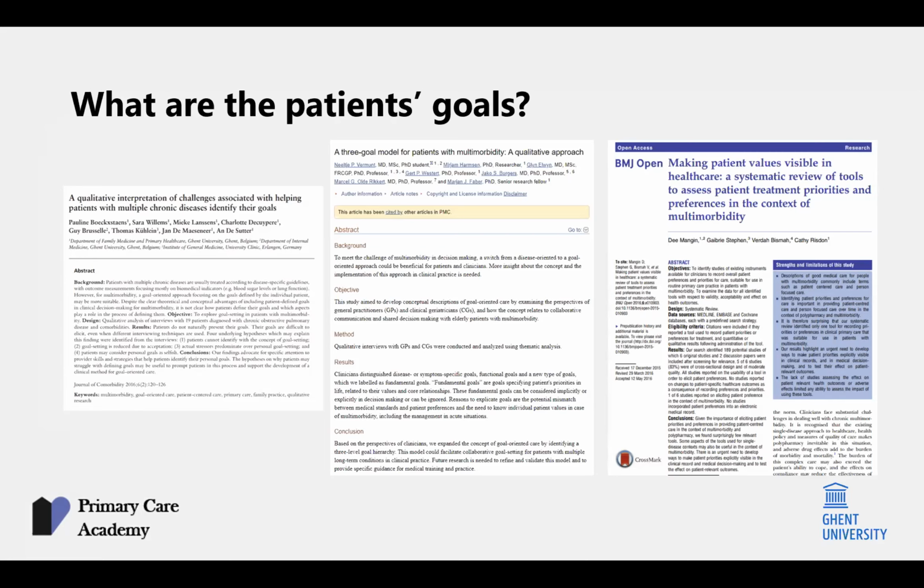And not only is there a knowledge gap on which goals are set by patients, it's also not clear how goals are being set. So there is a need to develop some strategies, as Manga said, to make patients' goals more visible, also in the clinical record and the medical decision-making.